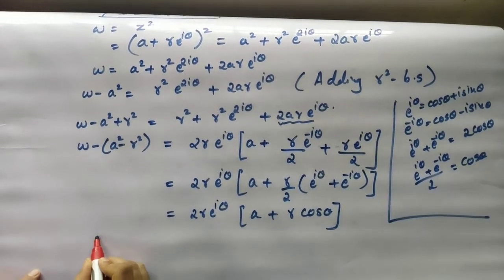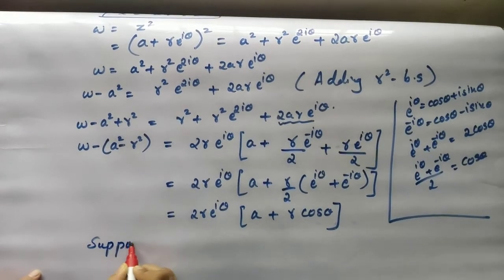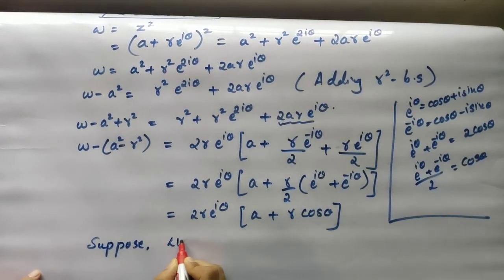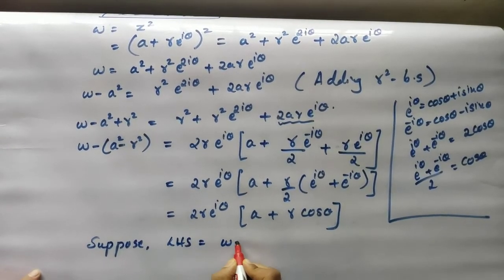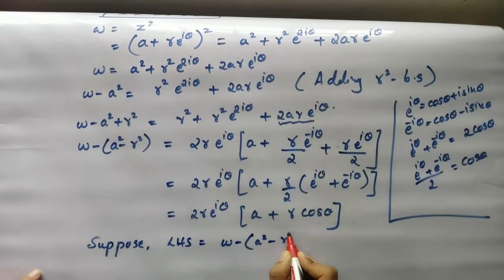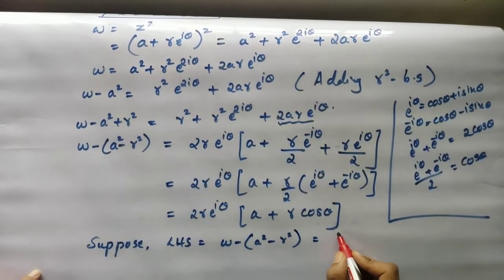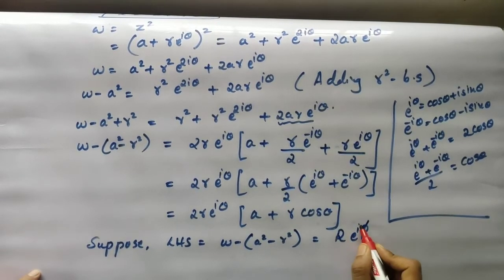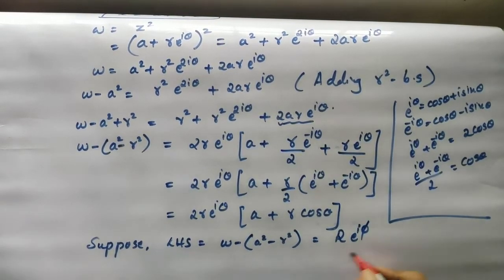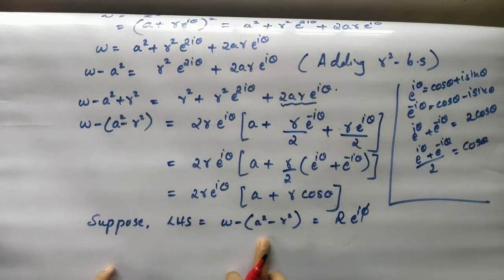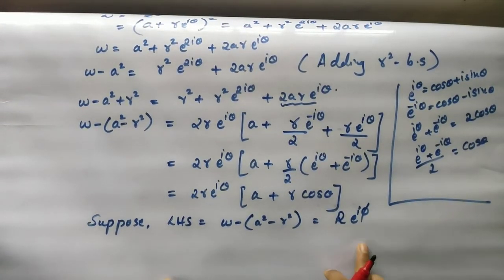Now suppose the left hand side, the LHS, that is w minus a square minus r square, is equal to an expression of the form r into e to the power i phi. Yes, let this be equal to r into e to power i phi.